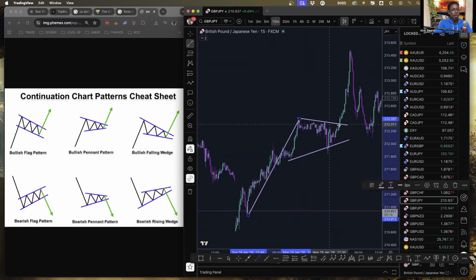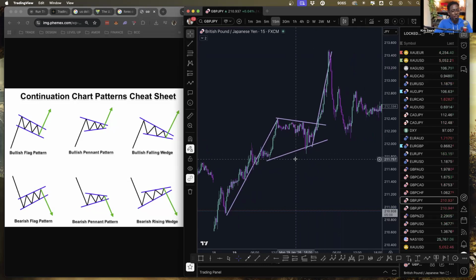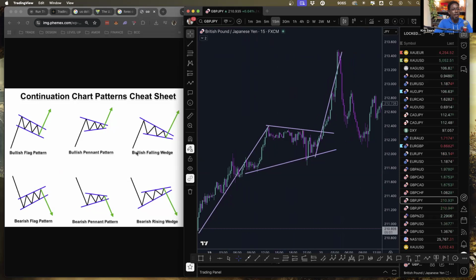So now we have this kind of shape. What do we have here? Do we have a flag, a pennant, or a wedge? Flag, pennant, or wedge?